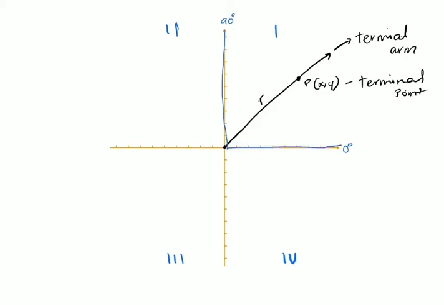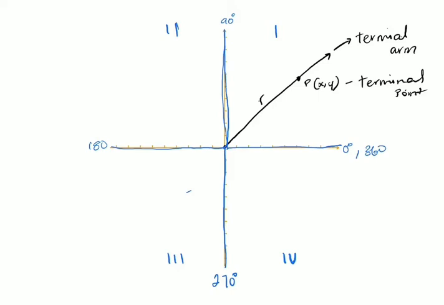Quadrant 2 is from 90 degrees to 180 degrees. So whenever our terminal arm is between 90 and 180, that's going to be in quadrant 2. Whenever our terminal arm is between 180 and 270, that's going to be quadrant 3. And whenever our terminal arm is between 270 and 360, this is going to be quadrant 4.